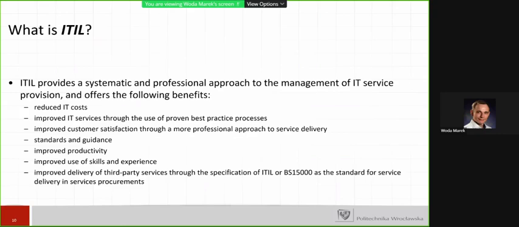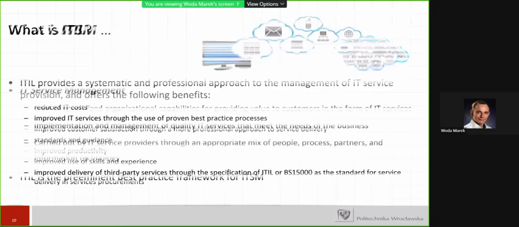So all these bullet points are true. Starting with reducing general IT cost and saving organizational time to be effective, and definitely I would say improving skills and experience within the whole organization by providing structured services is also one of the aims.